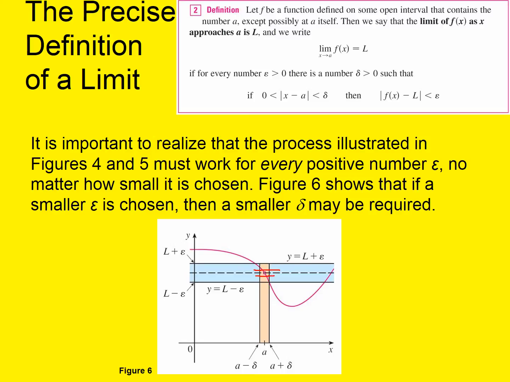Well, this delta then is not necessarily going to be good enough, right? Because you could have a number right in here so that the curve, f of x, is actually not close enough to L. So a smaller delta may be required.